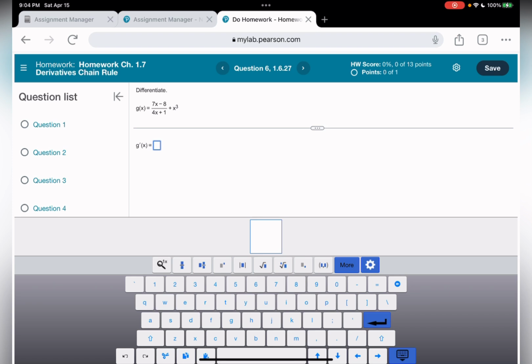So what do we have? I need to put a big fraction. Here I will have 39.